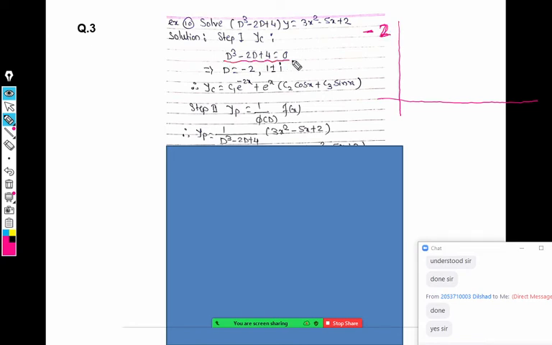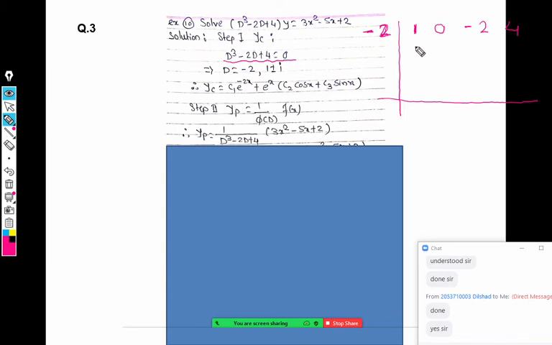Write the coefficients of the polynomial in decreasing order. The highest degree term is d cube, its coefficient is 1. The coefficient of the d square term is not there, so what should we write? We should replace it by 0. Then the linear term, minus 2, and lastly the 4.